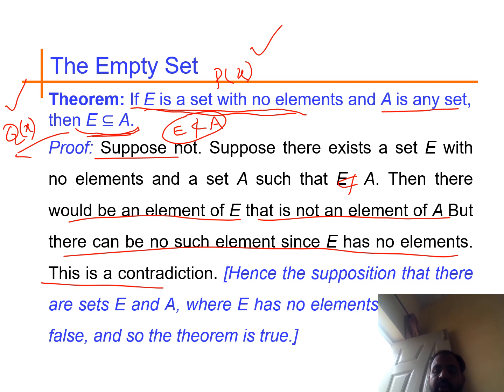So it's a contradiction which arises here. Hence, the supposition that there are sets E and A where E has no elements is false, and so the statement of the theorem is proved true.